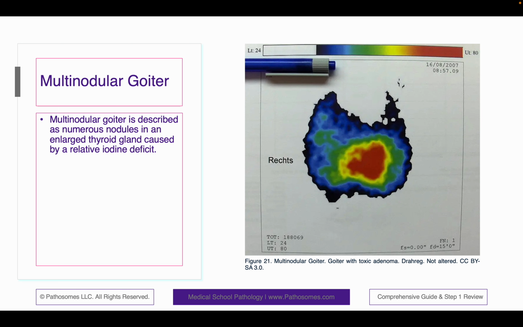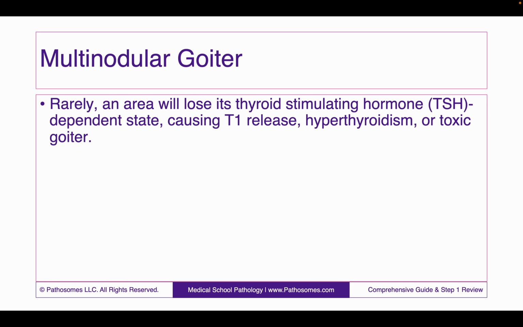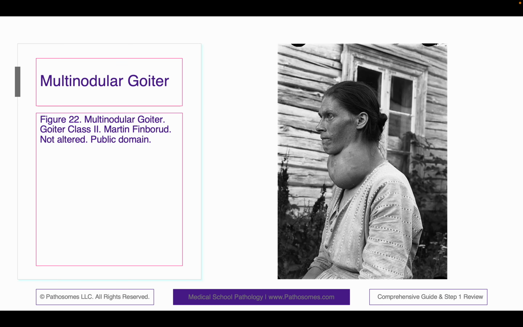Note that this goiter had toxic adenoma, which it was lighting up. Multinodular goiters are typically non-toxic. They are euthyroid. Rarely, an area will lose its thyroid stimulating hormone dependent state, causing T4 release, hyperthyroidism, or toxic goiter.